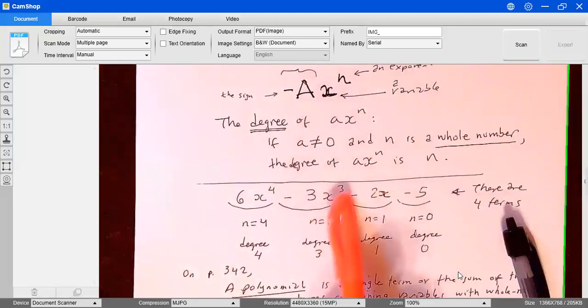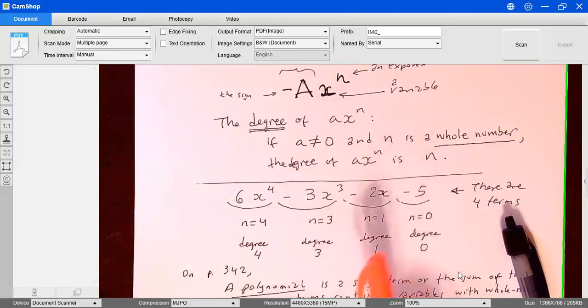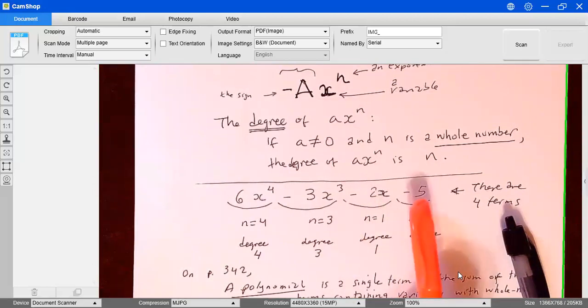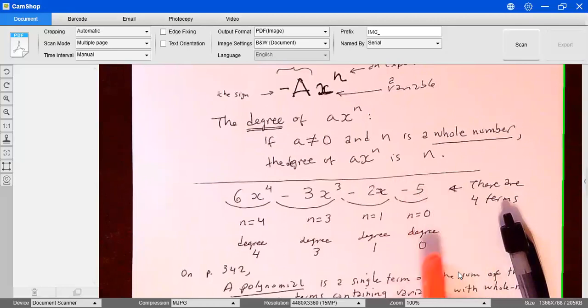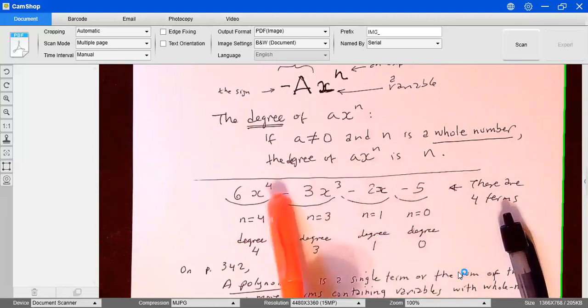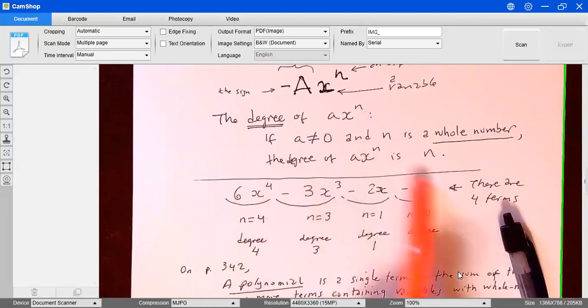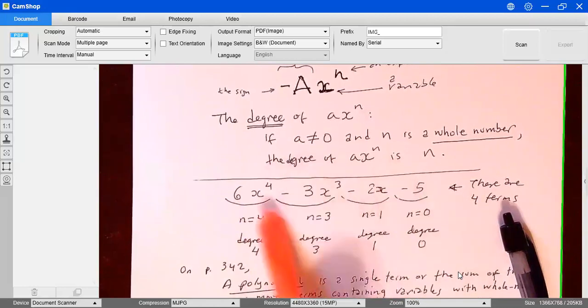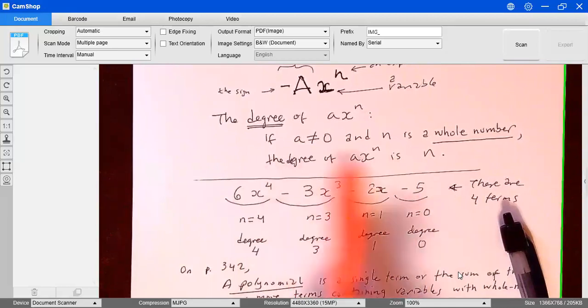If you have only negative 3x cubed, then you have a polynomial of degree 3, and so on. Negative 2x is also a polynomial of degree 1, and negative 5 is a polynomial of degree 0. But when you have many terms, you can also have a polynomial. So a polynomial can be defined by using these four terms.